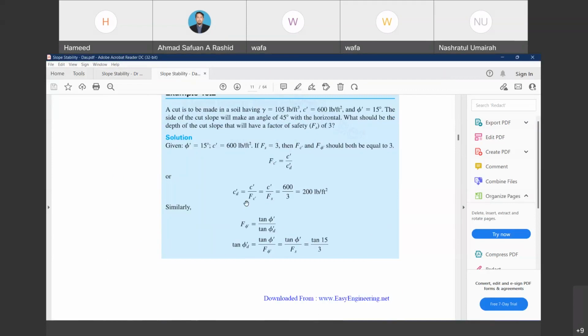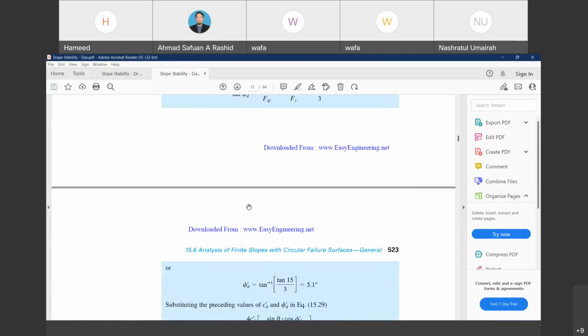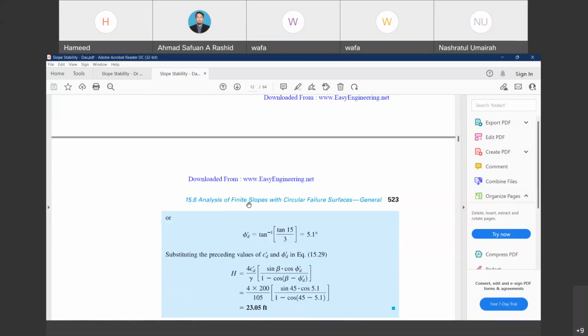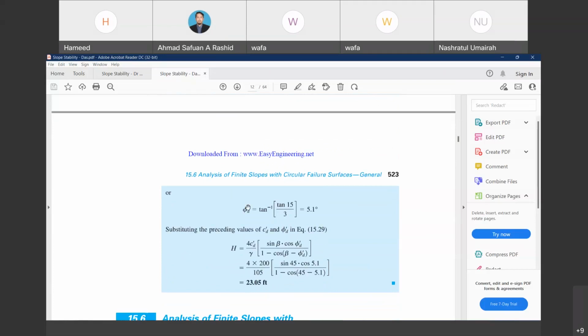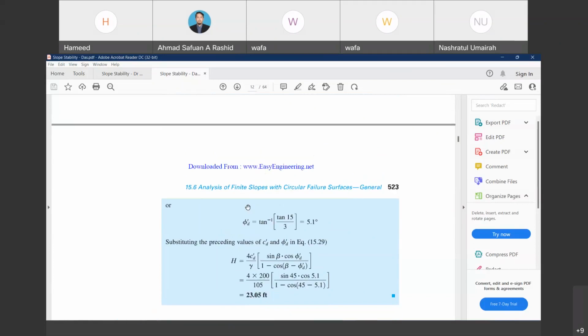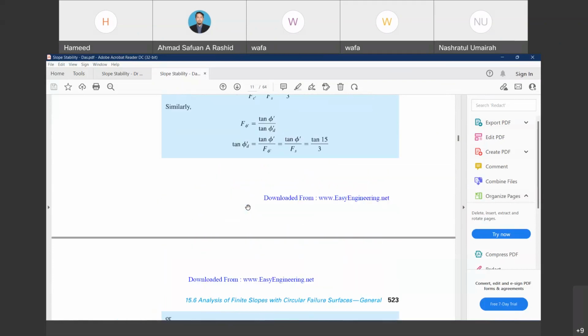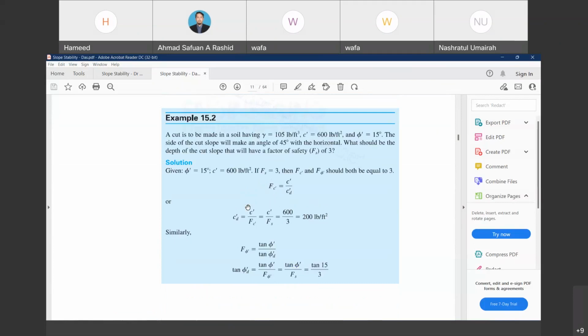Similarly with phi, tangent phi over F phi is equal to tan 15 over 3, which is 5.1. Then we include all the values in the equation to determine H, where H is equal to 23.05. So that is the height that could be made by using the factor of safety of 3.